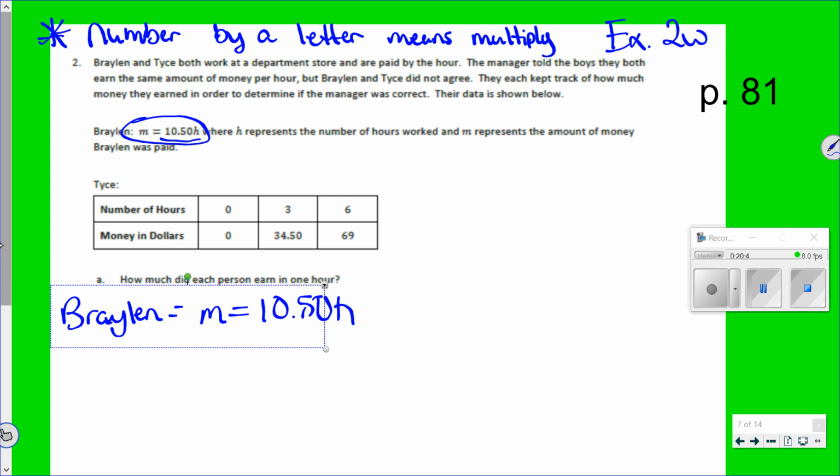By 1? Where am I putting that 1? What does that 1 represent? How many hours? So what in our problem represents hours? The H. So I'm going to replace my H with that number 1, and that means multiply. So what is 10.50 times 1? So he makes $10.50 per hour.